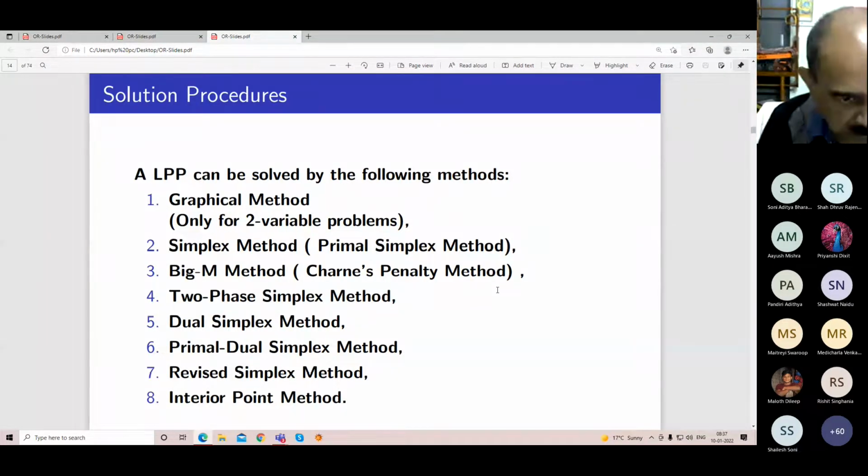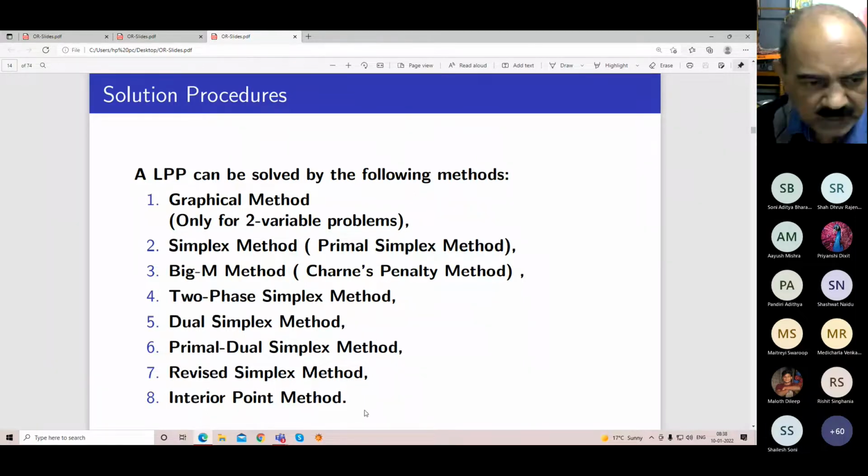This M is a penalty, defined in the penalty method, and we use this penalty to drive out the artificial variables. Number 4 is the two-phase simplex method, an alternative to the big M method. Then we have the dual simplex method.